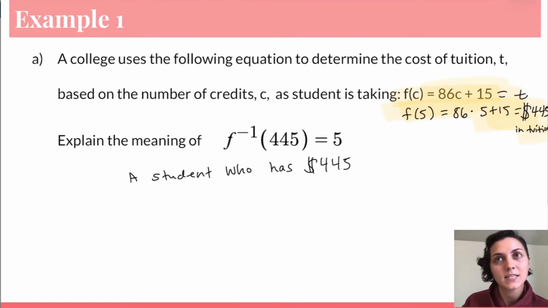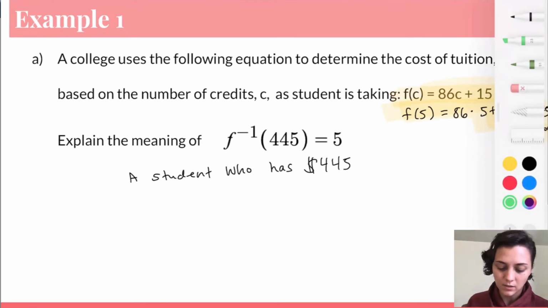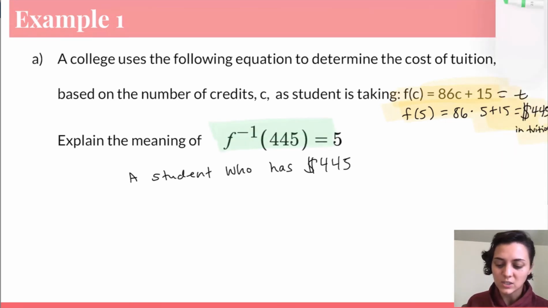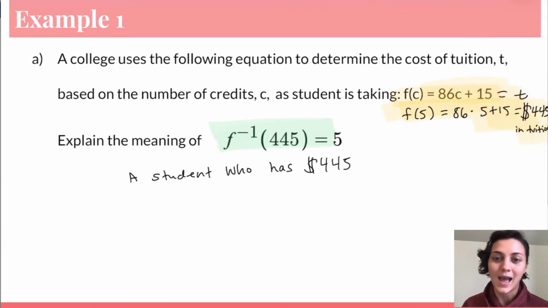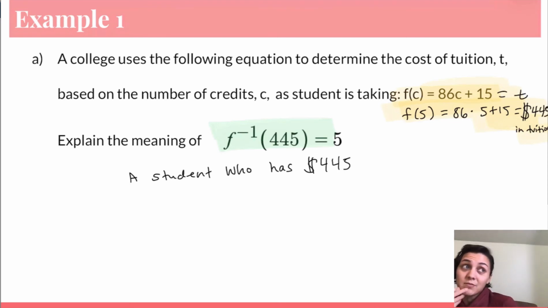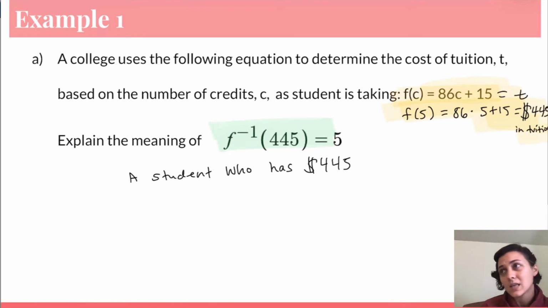Or I want to take 15 credits, how much will I pay? This inverse equation works a little different. The inverse equation works as like, okay, I have this much money, how many credits can I take? So it's working the opposite way. All right, if I have $200, how many credits can I take? If I have $1,000, how many credits can I take? So the brain is switching what you're thinking about.